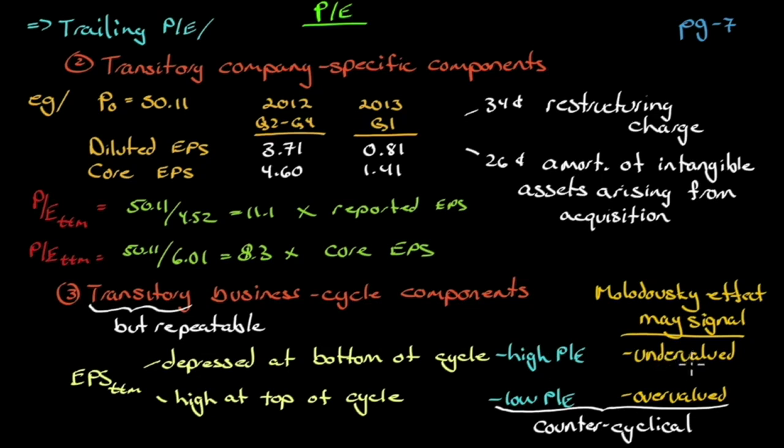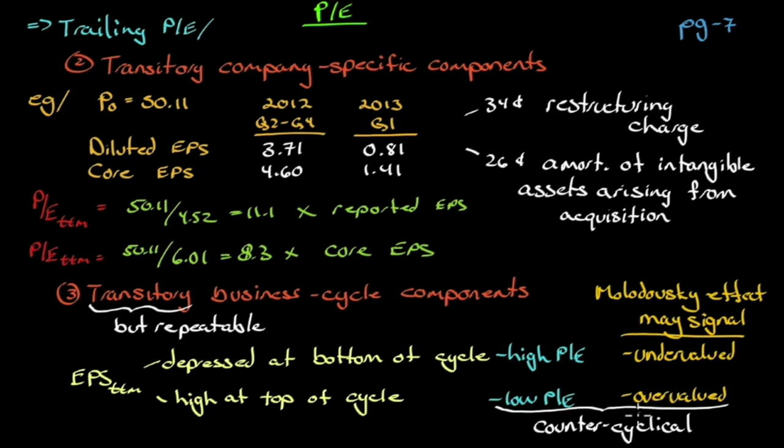Now you're probably scratching your head, wait a minute, a high PE is undervalued? Yes, because your trailing 12 months happened at the bottom of the cycle. At the top of the cycle, you will have a very low PE, saying, well, the company appears to be undervalued, precisely when we should be arriving at the conclusion that it is overvalued because this is a cyclical company.